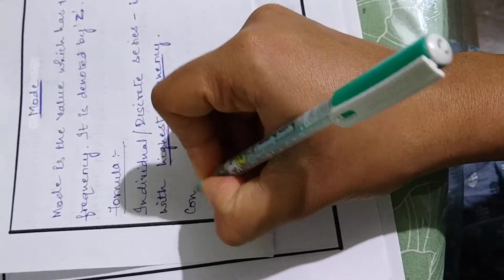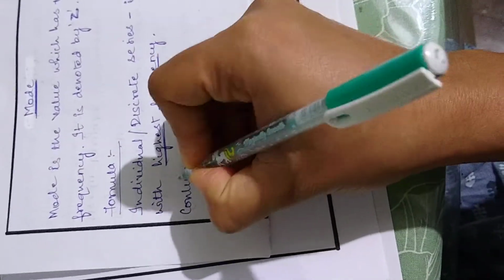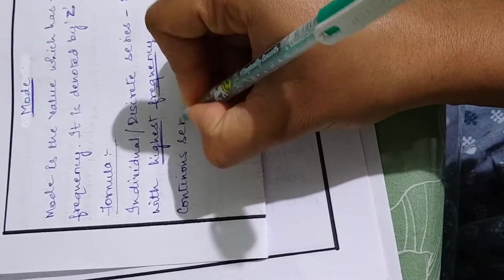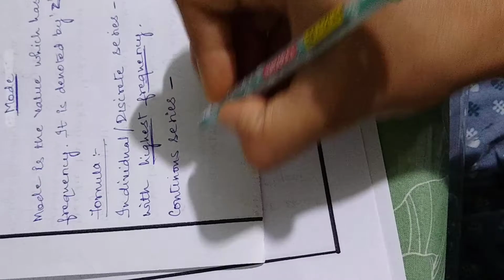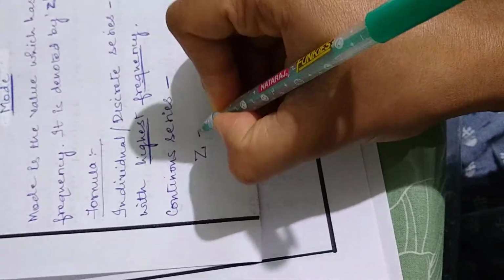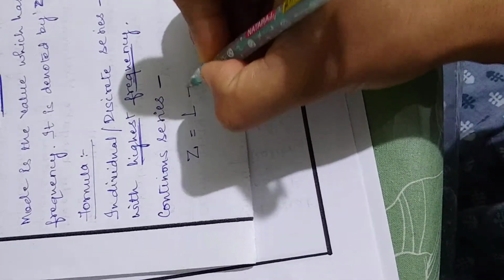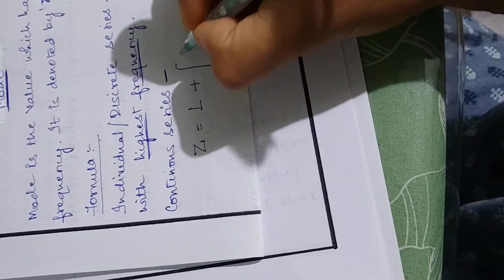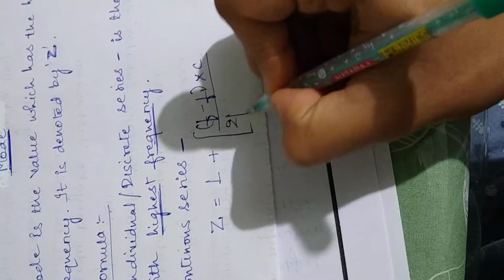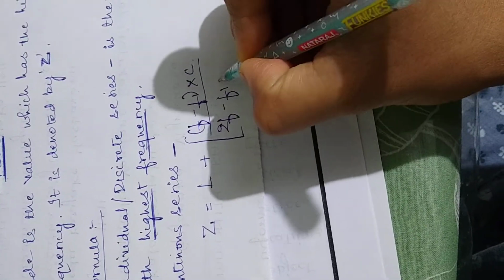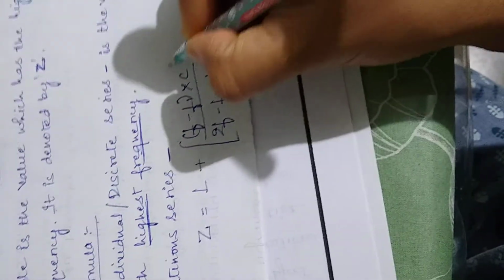Coming to continuous series. The formula for continuous series is Z is equal to L plus (F minus F1) into C, the whole thing divided by 2F minus F1 minus F2.